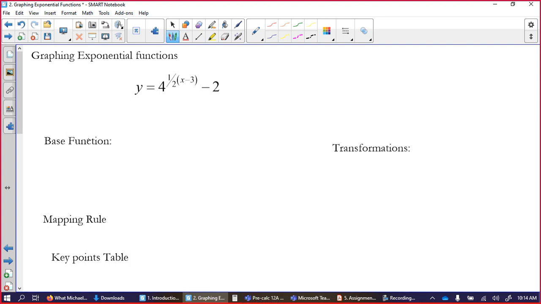Oh, we got all sorts of stuff in this one. The base function, 4 to the power of x. We have nothing in front, so there's no vertical stretch. We have a vertical translation of negative 2 down at the bottom. Now we've got some horizontal business: a horizontal stretch and horizontal translation.